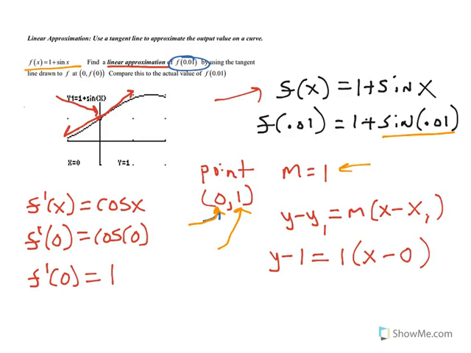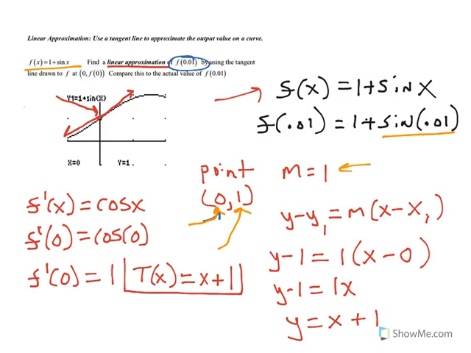Once you have the equation in point-slope form, you can simplify. So we have y minus 1 equals 1x, and you can solve for y. It's going to be 1x plus 1. So there's the equation of our tangent line. If you wanted to put it into function notation, we could call it capital T for tangent. So the equation of the tangent line is x plus 1. And this tangent line should approximate the curve around that point of tangency.